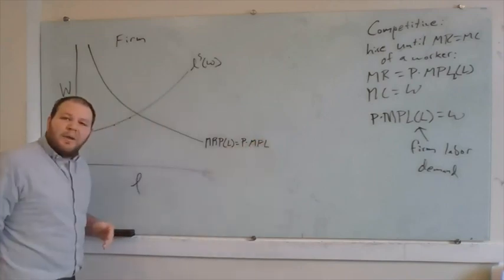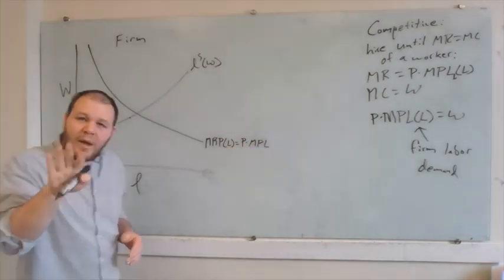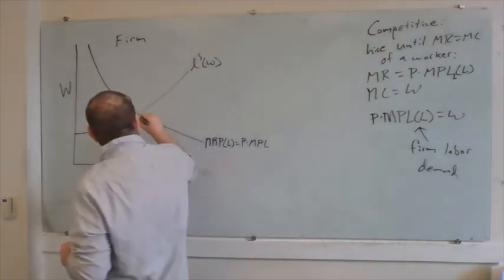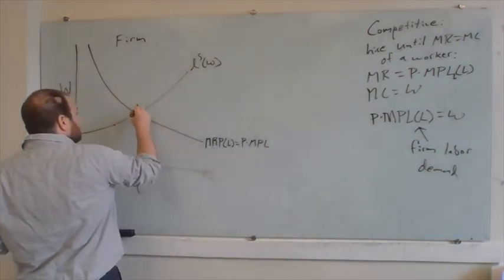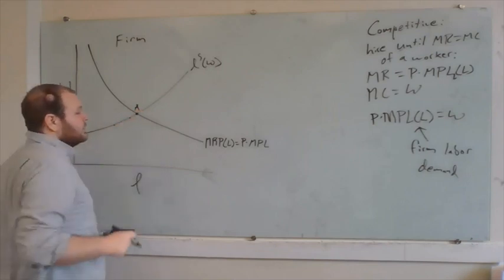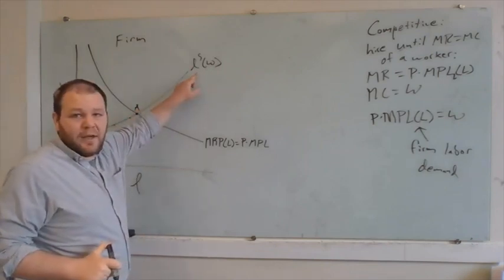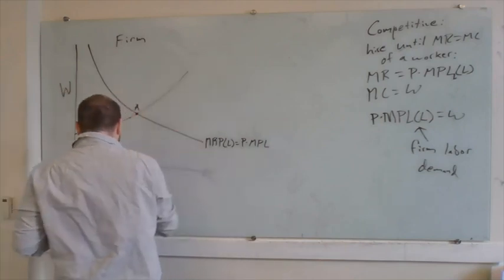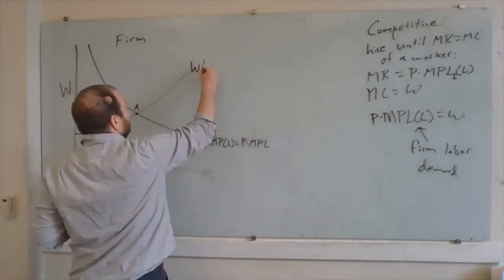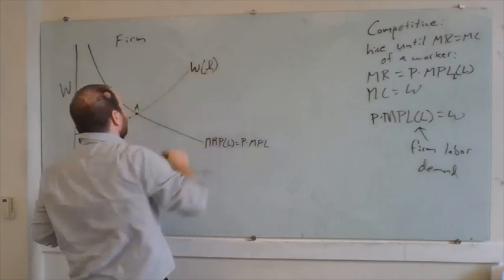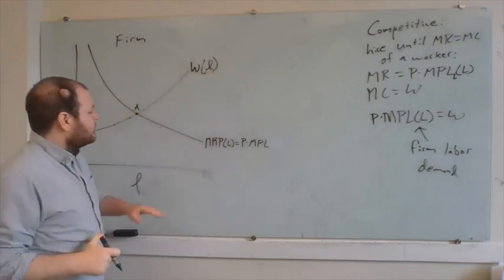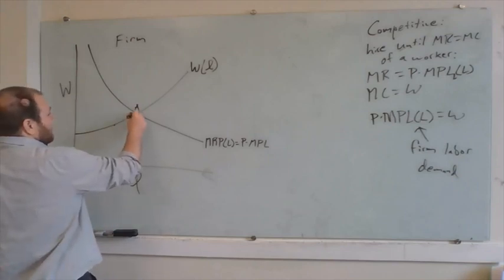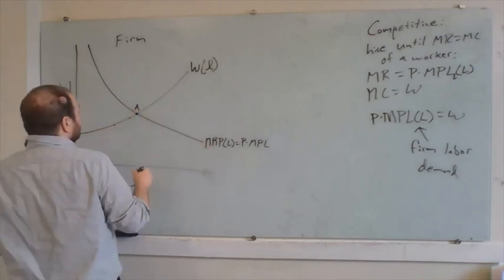So let's think about how many workers I ought to hire. I'm going to give you a couple of options, and I want you to think about which you think is likely to happen. Option A is that I'm still going to hire at the intersection. Actually, let me rewrite this, instead of labor supply, as W of L, the wage that I have to pay to get L workers, so that it's equivalent to marginal revenue product of L. Am I going to want to pay A, where wage equals marginal revenue product?